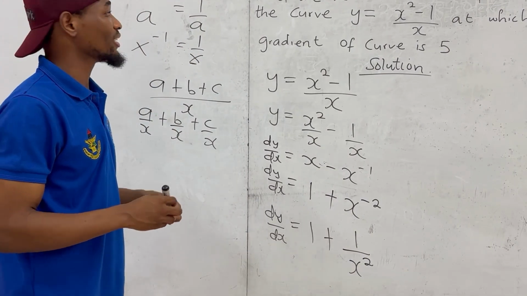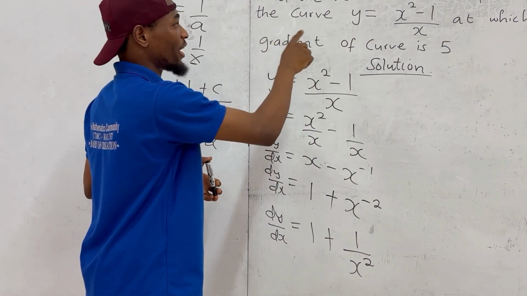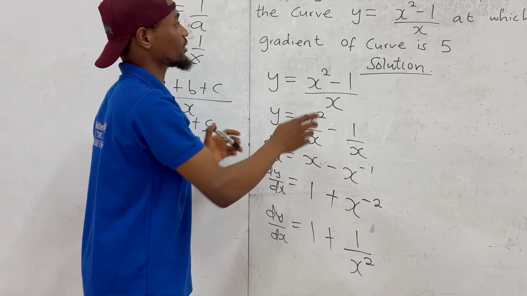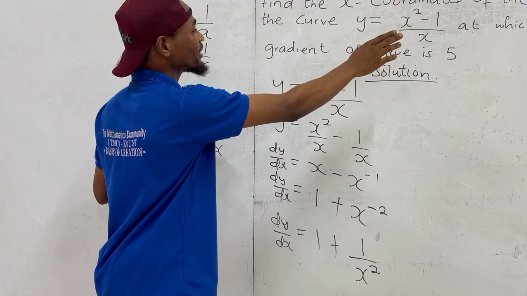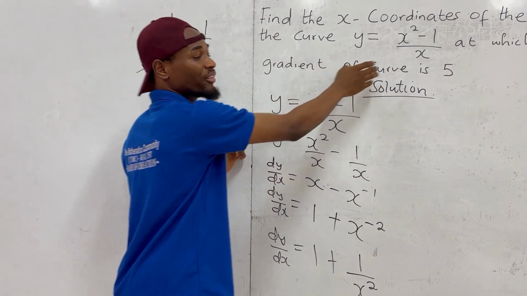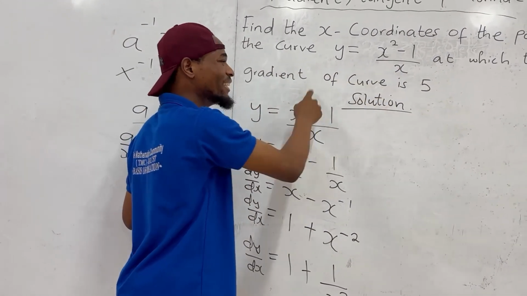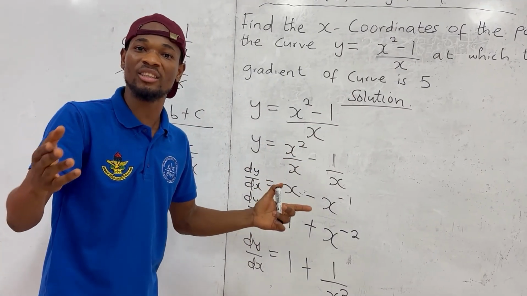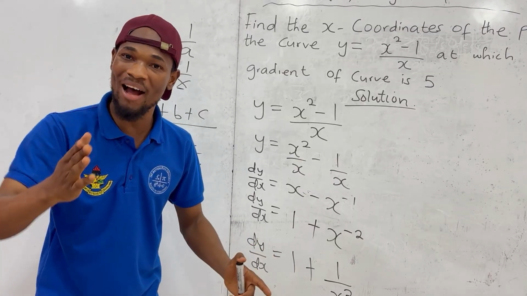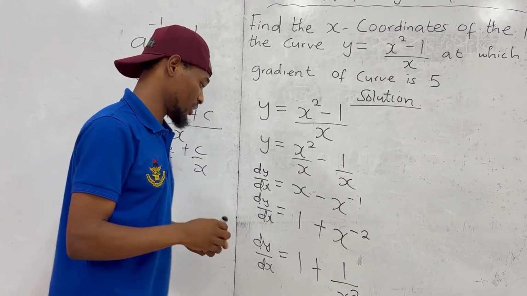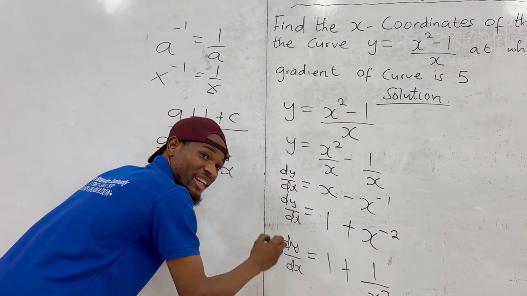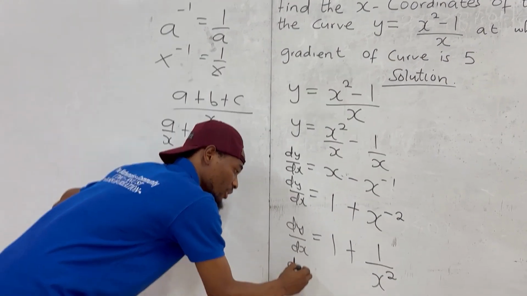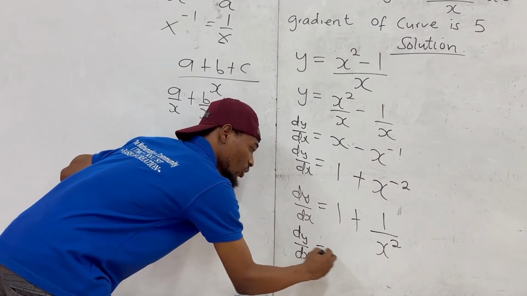The question says to find the x coordinate of the point on the curve at which the gradient of the curve is 5. What is gradient? Gradient is the same as dy over dx. So if the gradient is 5, we say dy over dx is equal to 5.